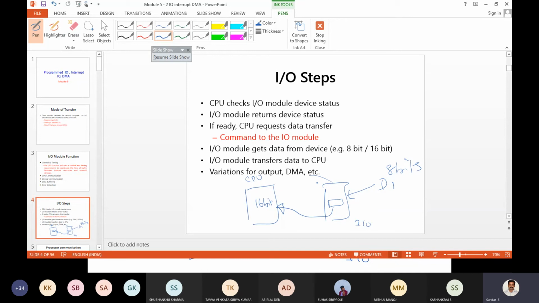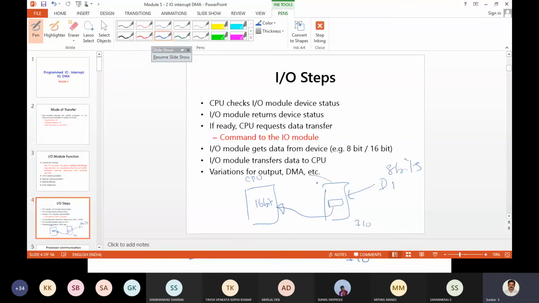Very simple. The CPU is a high speed device and the IO devices are all low speed devices. So we need to have one interfacing mechanism. That interfacing mechanism will have some facilities like status information, some buffer, and some accumulating facility.